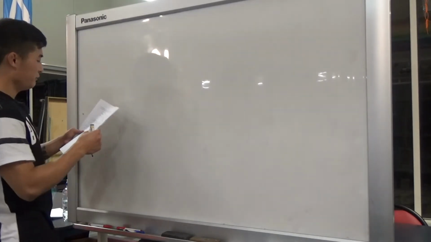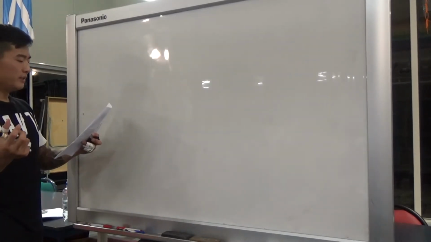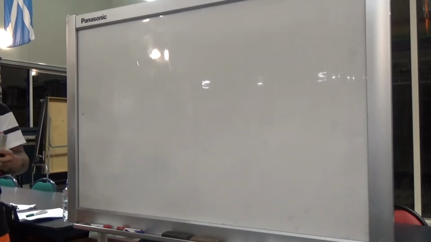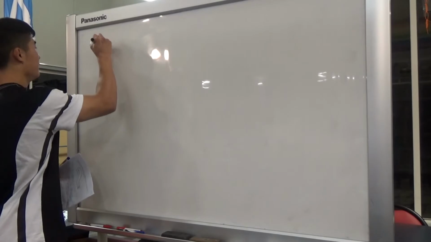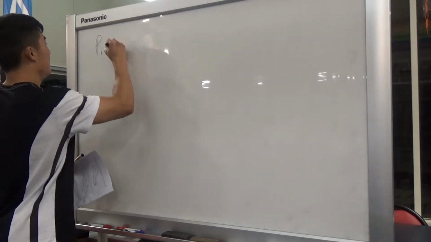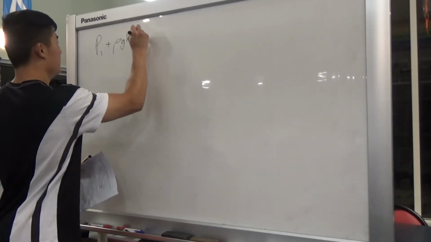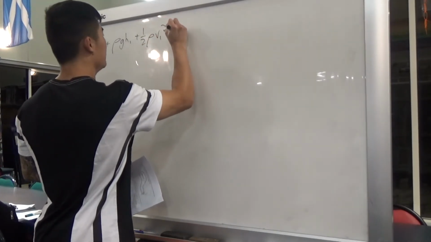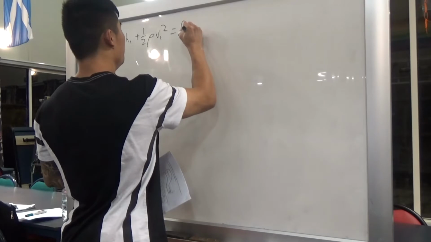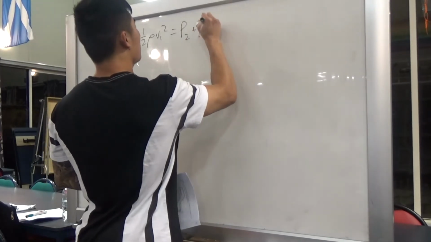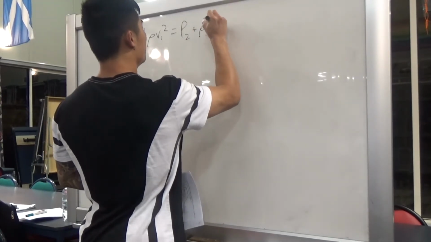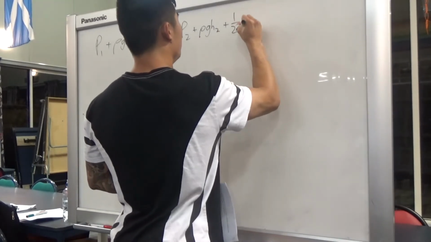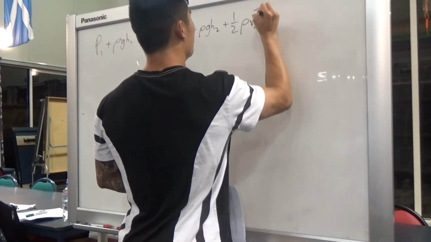So here this is a non-viscous fluid, so if we have a non-viscous fluid, we're going to use P1 plus rho g h1 plus half rho v1 squared is equal to P2 plus rho g h2 plus half rho v2 squared.